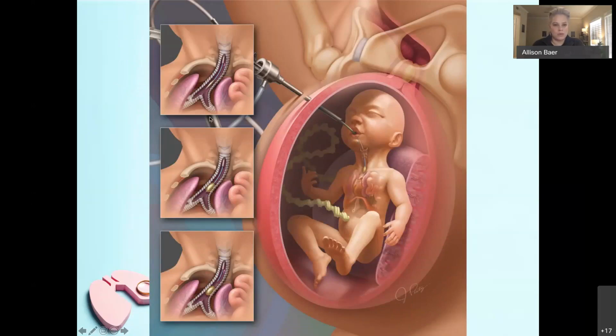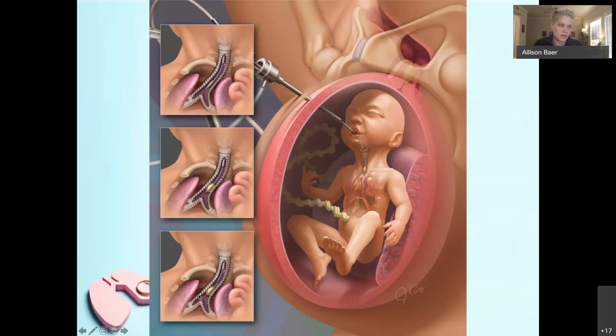They blow up a little balloon in there, because normally as a baby develops, amniotic fluid is going in and out of the lungs. And as the lungs develop, more and more fluid accumulates. Usually it can come out the trachea. So if they blow up this balloon, it keeps that fluid in there, more and more fluid collects, which hopefully gives the lungs enough pressure to fight against the pressure of the abdominal contents.